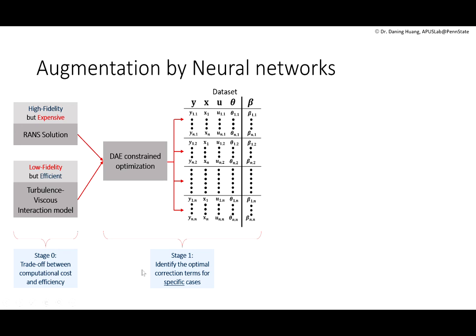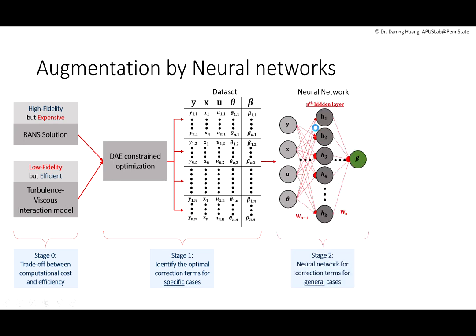And then in the first stage, we first identify the optimal correction terms for specific cases of the RANS solutions. And then next, we try to generalize these optimal corrections for arbitrary cases.